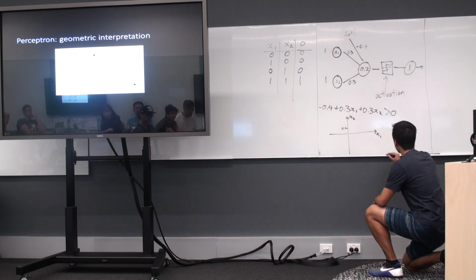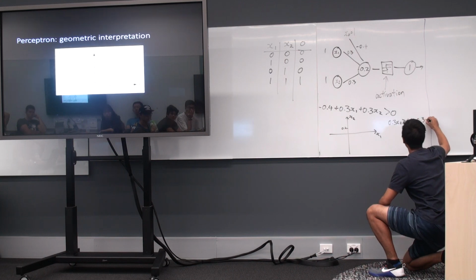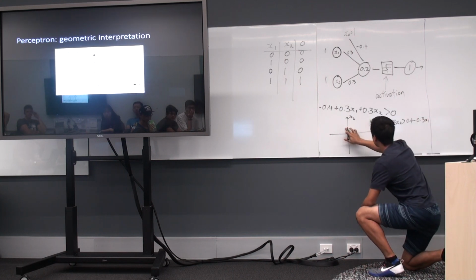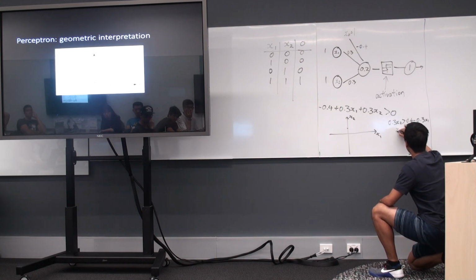I'm just going to rewrite this into a form that might be easier. 0.3 x2 is greater than 0.4 minus 0.3 x1, and then we have x2 greater than 4 on 3 minus x1.